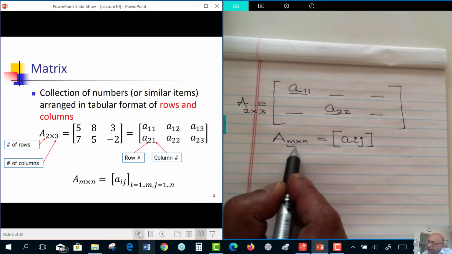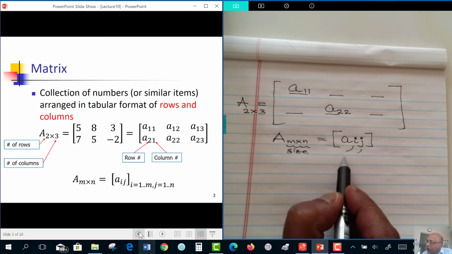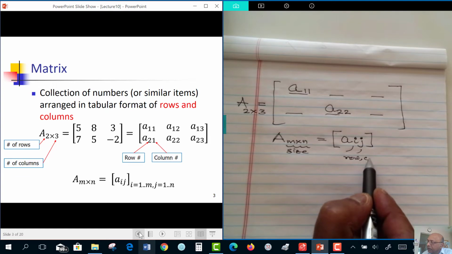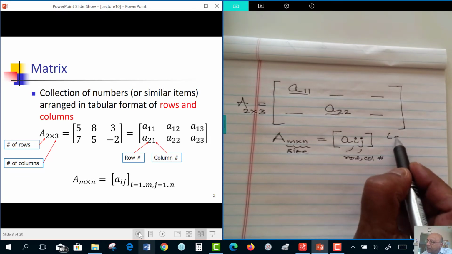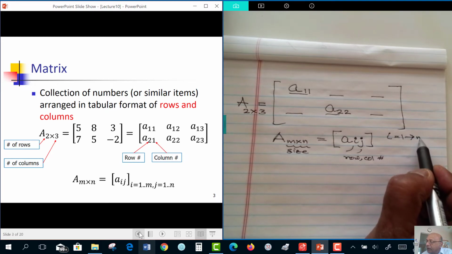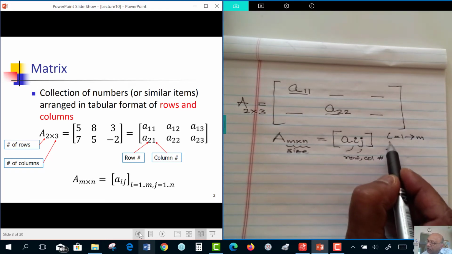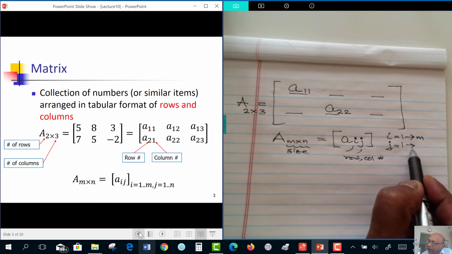So this represents the size, and these are the row and column numbers of the elements. And here, of course, the number of rows goes from 1 through m, and the number of columns goes from 1 through n.